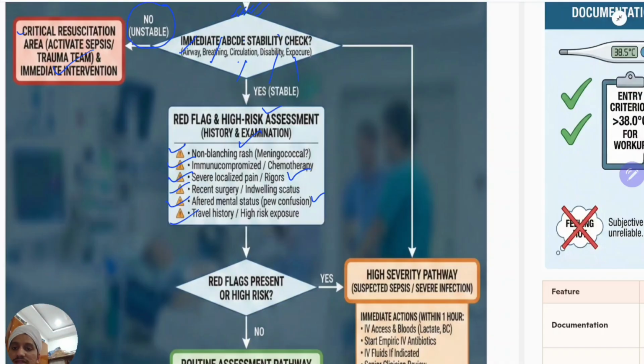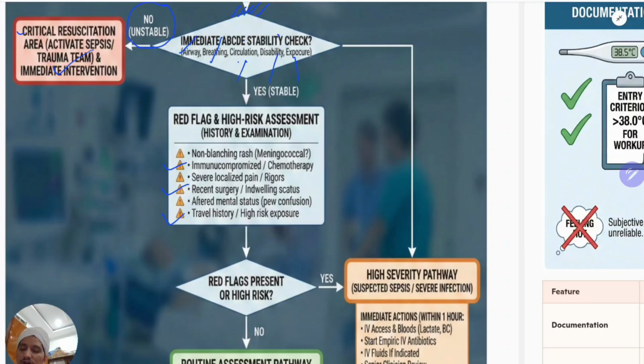So there are 3 things from history and 3 things from signs and symptoms. So the red flags are 6. The 3 from history: immunocompromised, and uncontrolled diabetes mellitus patients also come into this category of immunocompromised state; recent surgery or indwelling catheter; and travel history or high risk exposure.